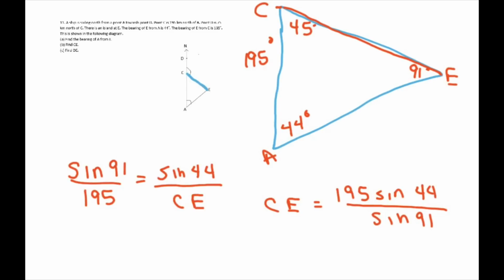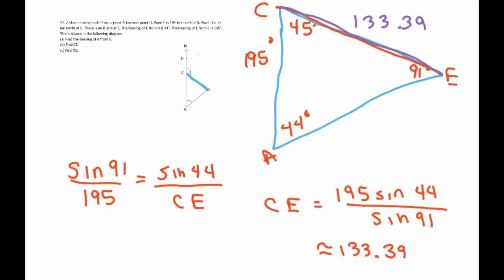So you put that in the calculator, you get 195 sine of 44 divided by sine of 91. And that gives you approximately 133.39. So this length here is 133.39 for CE. I'll write that down here.